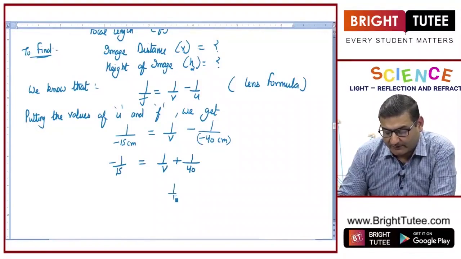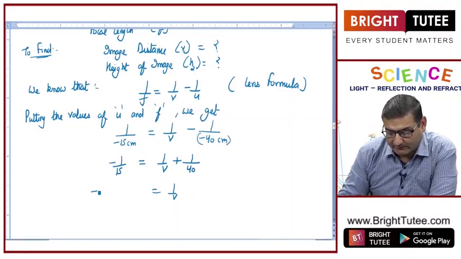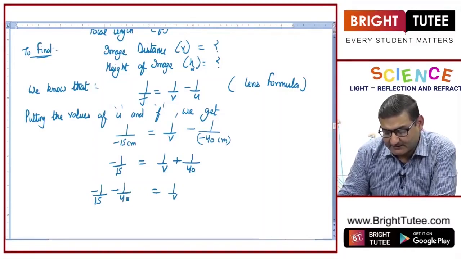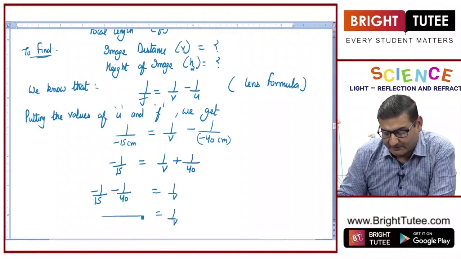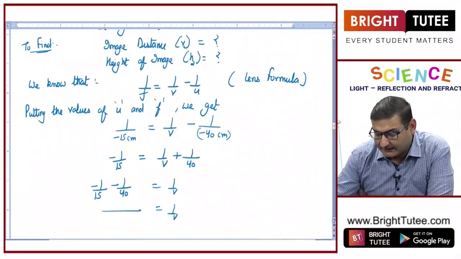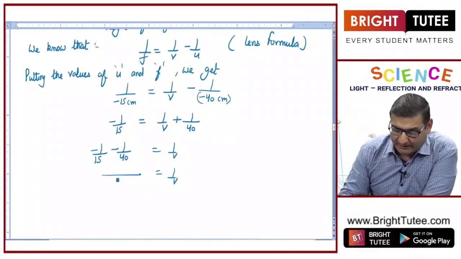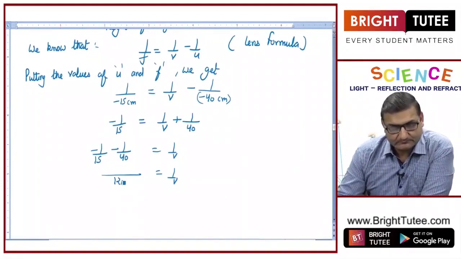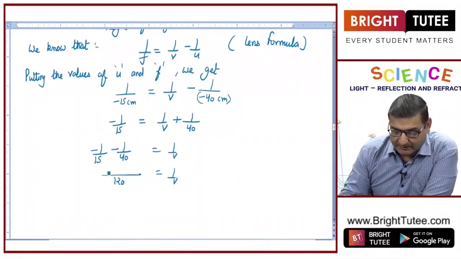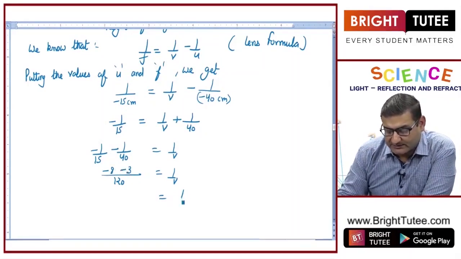Now keeping v over here, I'll take 1 by 40 over on the left hand side, minus 1 by 15 minus 1 by 40. Taking the LCM, 1 by v becomes, I am taking this LCM to be 120. Right? So it becomes minus 8 minus 3. So 1 by v is minus 11 upon 120.